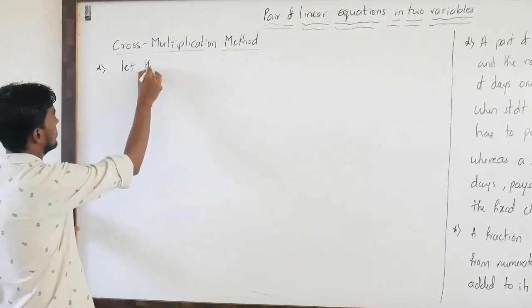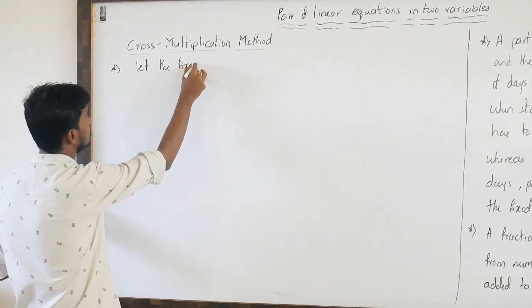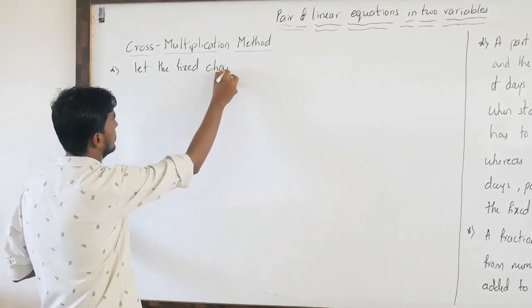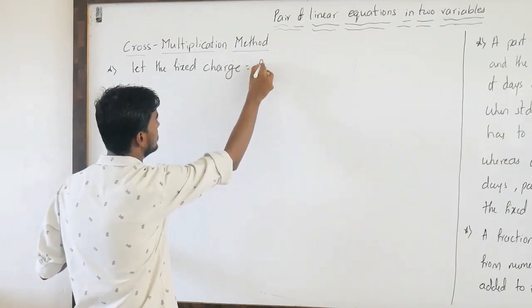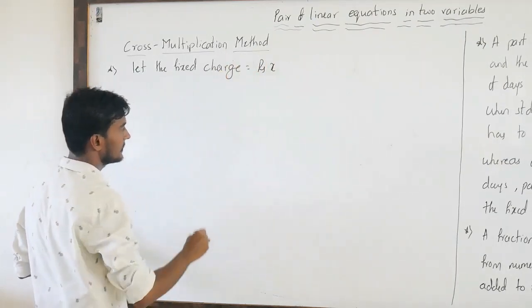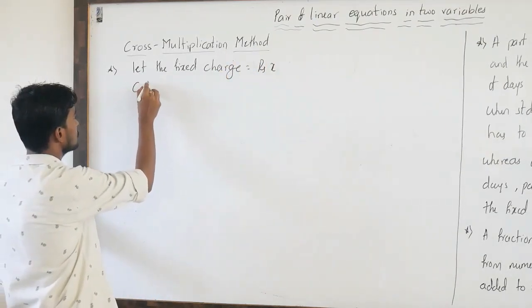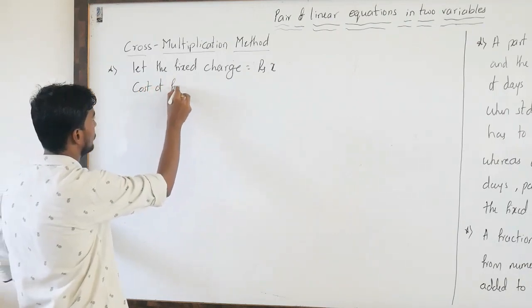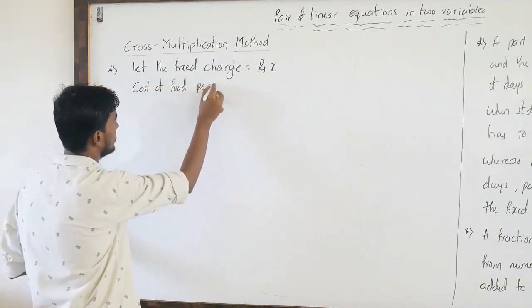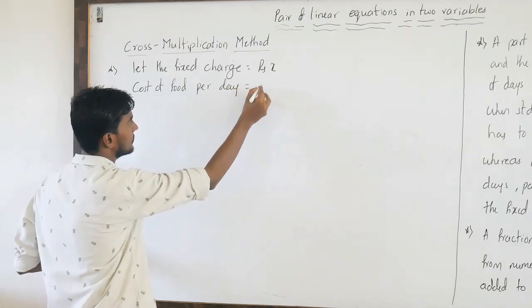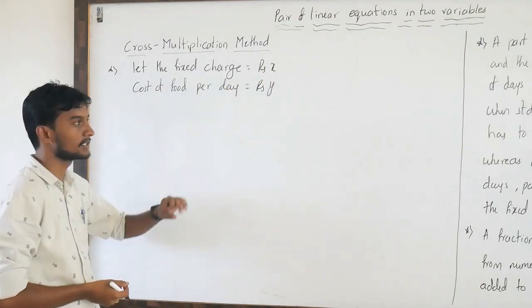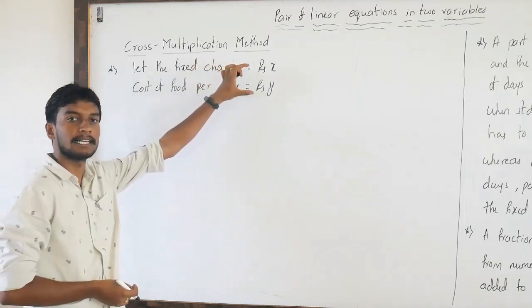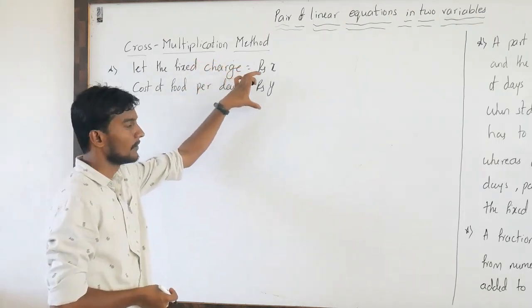Let the fixed charge be rupees x and the cost of food per day be y rupees.